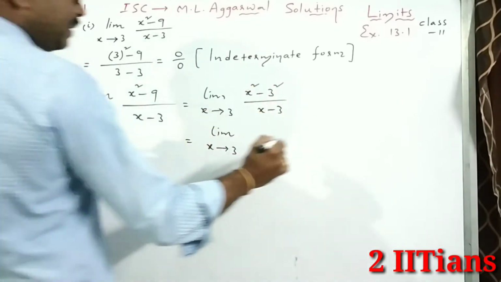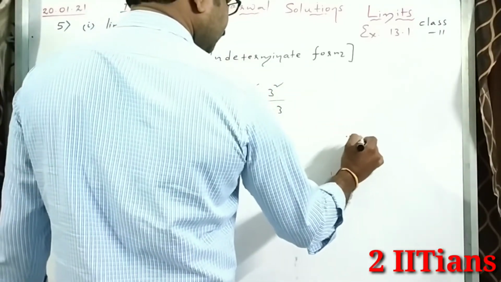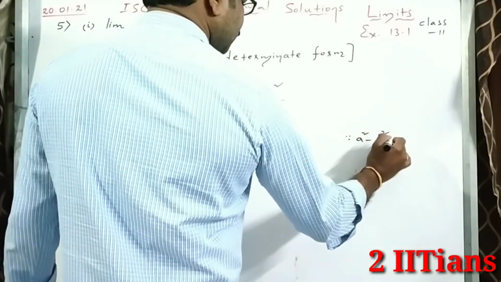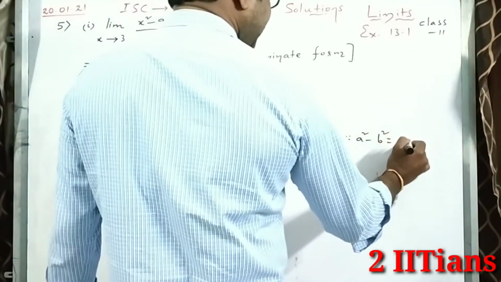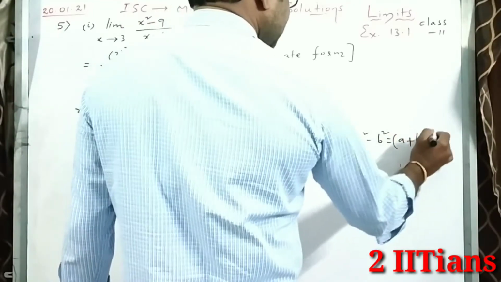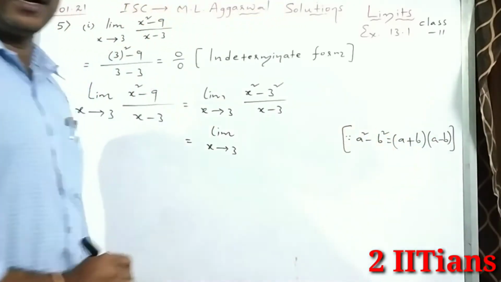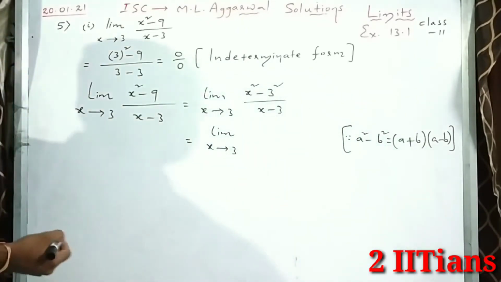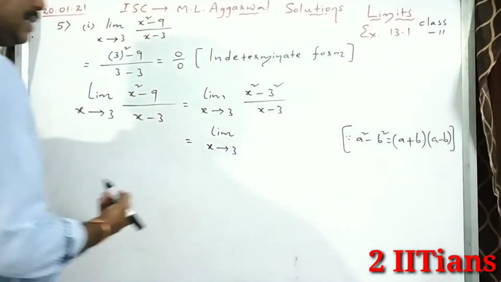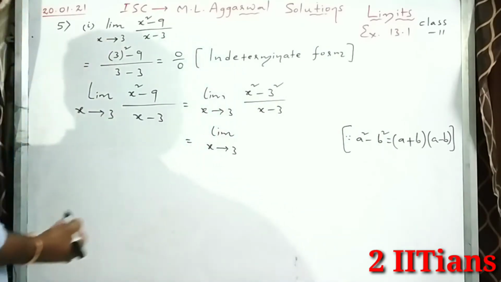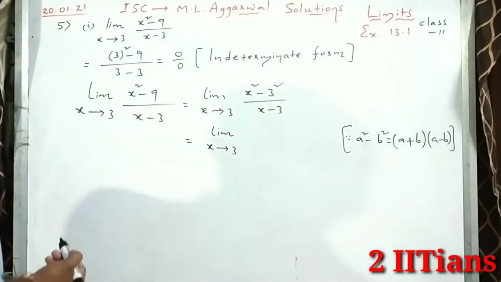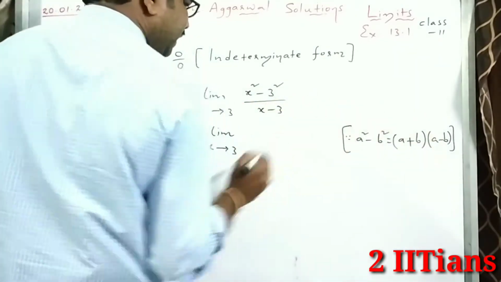It looks like a square minus b square. What is the form of a square minus b square? a plus b into a minus b. Everybody knows this fundamental algebraic formula.